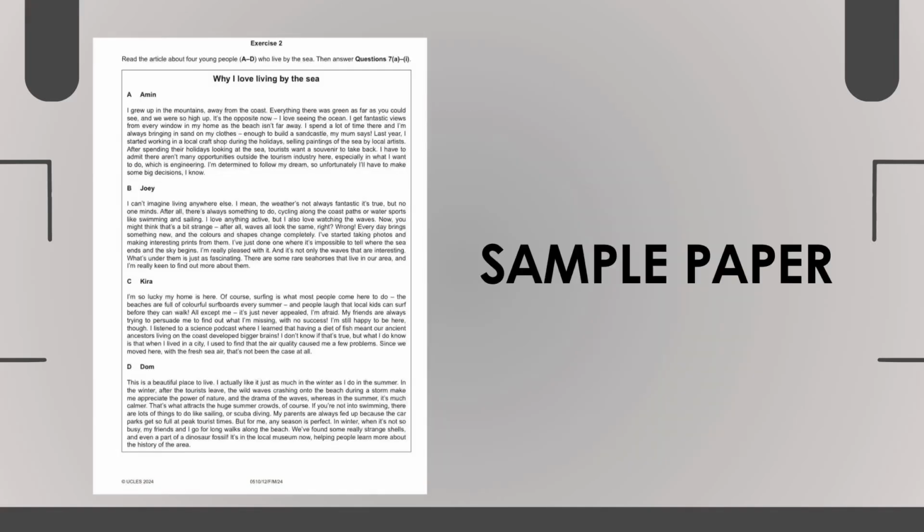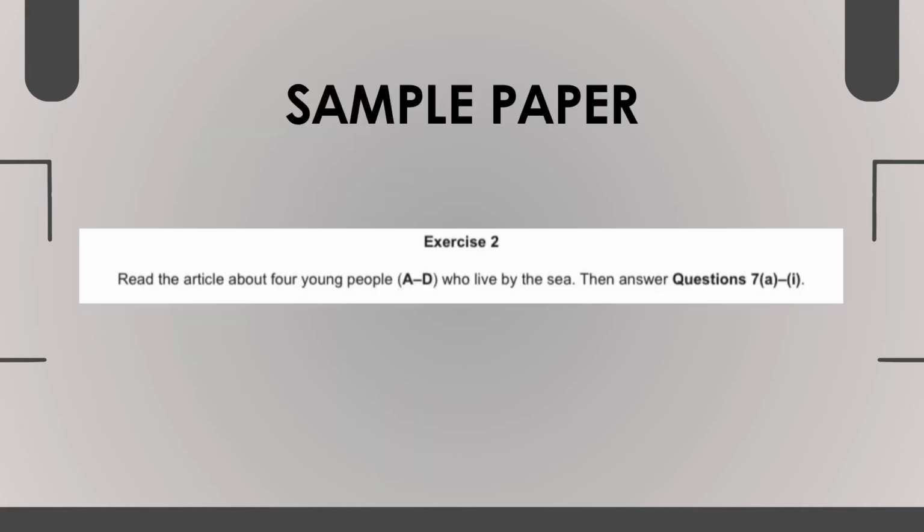Next up, we have exercise 2, in which again you will be required to read the article and answer the questions that follow. Bear in mind that this is paper 1, for reading and writing skills. So read each article in every exercise thoroughly and answer the questions based on the articles given.